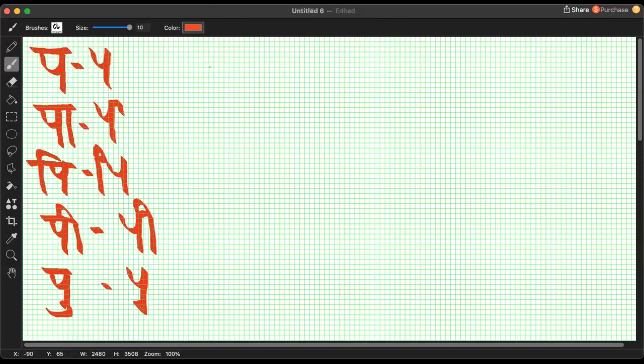Then we have O. First write P. And the O matra, this is Devanagari Po. In Sharda, we write P, and at the bottom, a tilted line like this. This is Po.